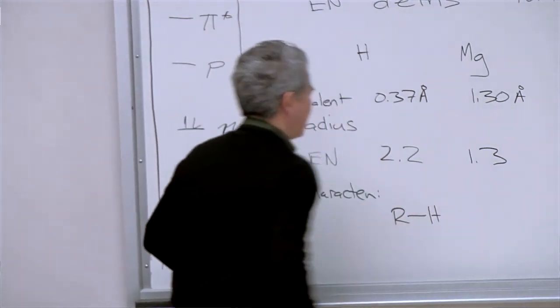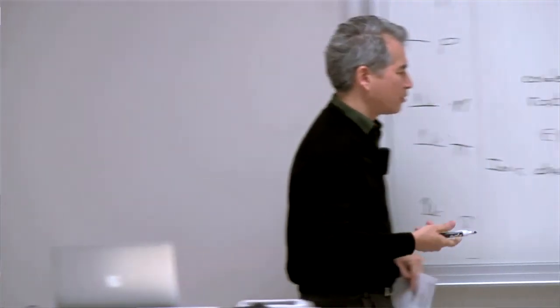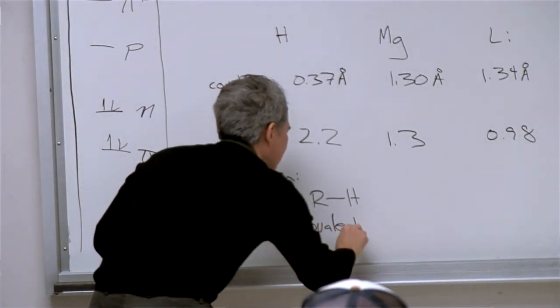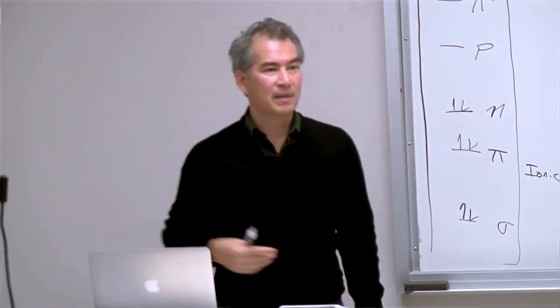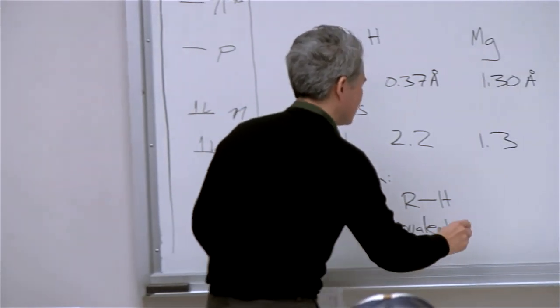So if I look at a bond between carbon and hydrogen, I'll just use R as my symbol for an alkyl group and a bond to carbon. That's really covalent. There's not much that's more covalent than that, maybe a carbon-carbon bond, but that's a pretty pure covalent bond.